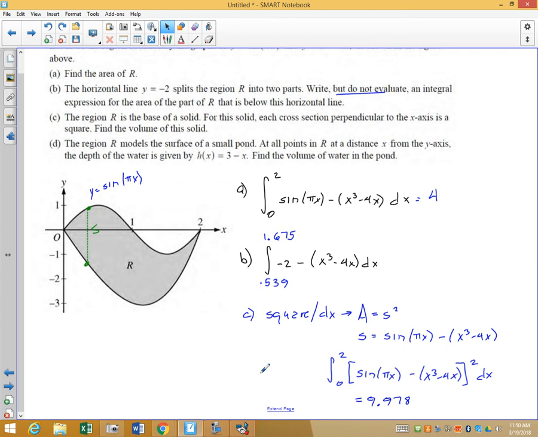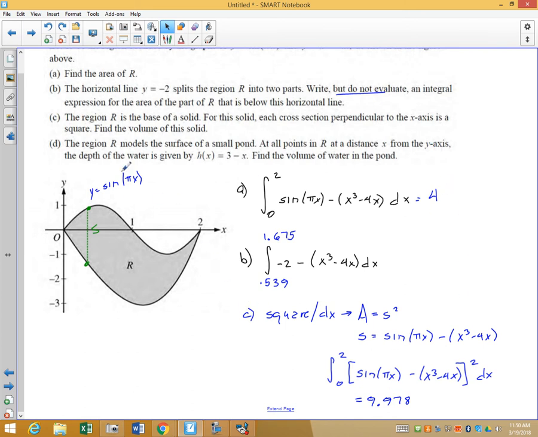I know where you're going with it, but I don't have an answer for that. I could answer the question, but it would probably take me 20 minutes. But yeah, squaring the function does not necessarily square the answer. As you see here, we went from 4 to 9.978.